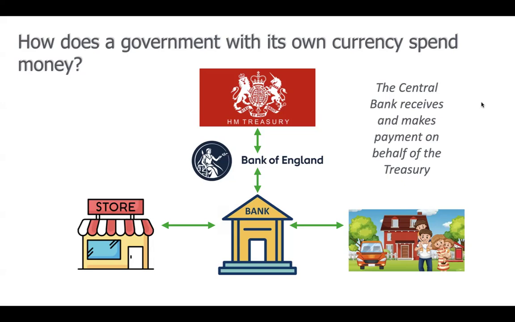And so the money flows, if you like, through from the Bank of England. The Bank of England may have to create money it doesn't have, and if it's got money, then it doesn't have to create it. But it flows through the Bank of England to the bank accounts of all the individuals and companies that need that money or get grants or are supported in any way.